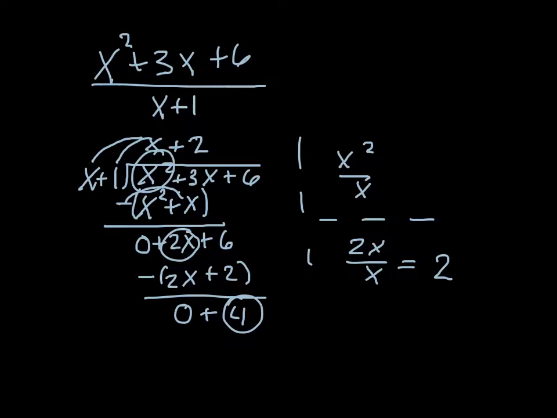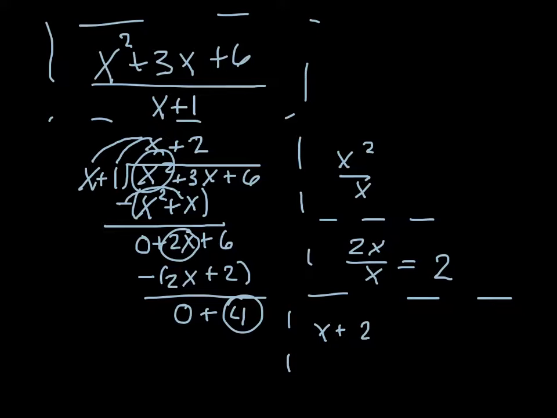So 4 would be your remainder, which is totally fine. No one likes to have remainders, but they happen. So in this problem, our answer would be x plus 2 plus 4 over x plus 1. And x plus 1 was the number we were dividing by.